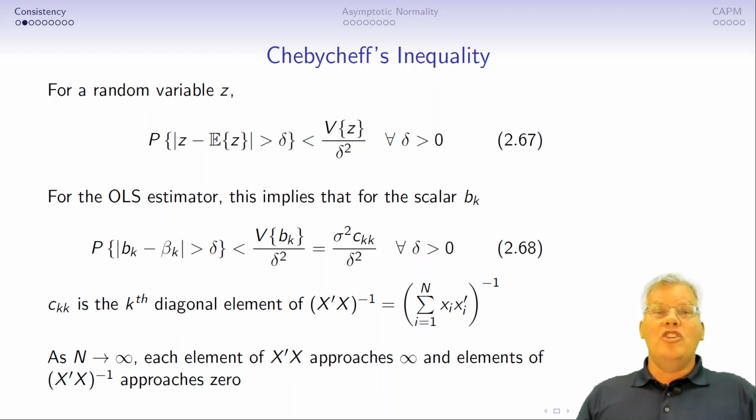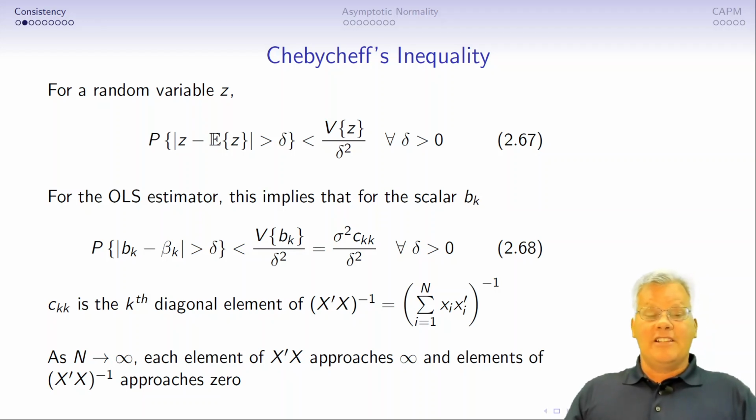But if you would prefer to use Verbeek's hybrid notation, it's given by this second expression, the sum i equal 1 to n of x i x i transpose quantity inverse. Now, as the sample size approaches infinity, each element of x prime x also approaches infinity. And that means that elements of x prime x quantity inverse approach 0.